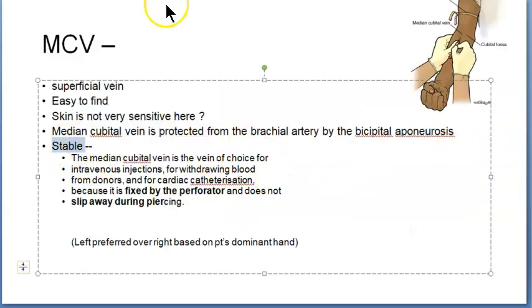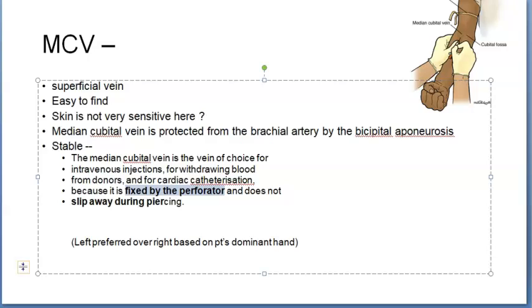Then coming to the main thing you have to write here, the stability of this vein. Whenever you pierce somewhere else, especially over the palm or dorsal surface, where they give IV injections and cannula, the vein moves. However, this one will not slip away during piercing. Why? Because it is fixed by perforators. Perforators means what?